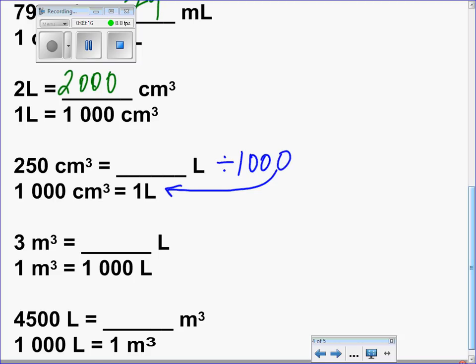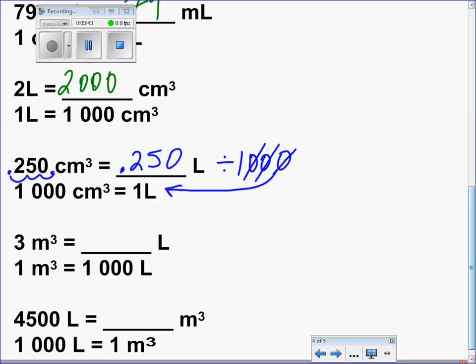Because there are 1,000 cubic centimeters in a liter. So I'm going to divide by 1, 2, 3. Divide, I go to the door. 1, 2, 3. So how many liters are in 250 cubic centimeters? Right, 0.25 or 0.250 if you wish.